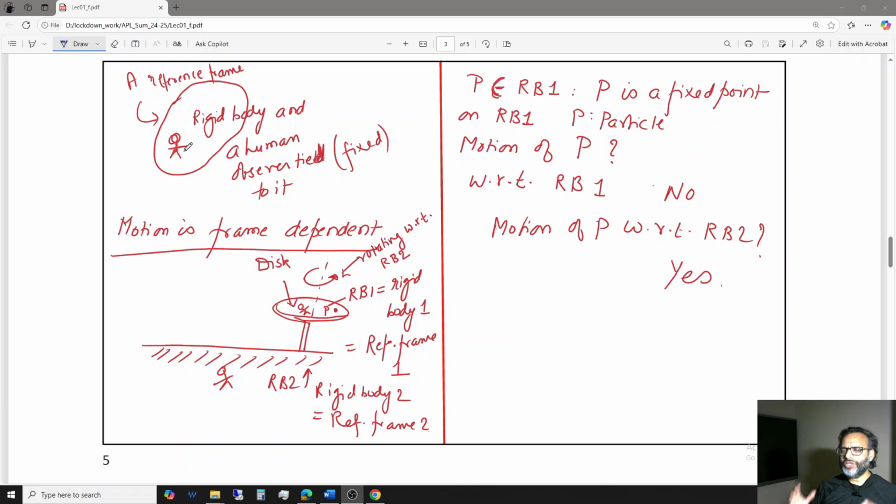Now once you have the idea of a reference frame, one must also realize that the perceived motion of the same object is frame dependent. The same object, the bird. If you are observing this bird whilst being tied to the Earth, you say that the bird is flying horizontally in a straight line. Suppose one of your friends goes to the moon.